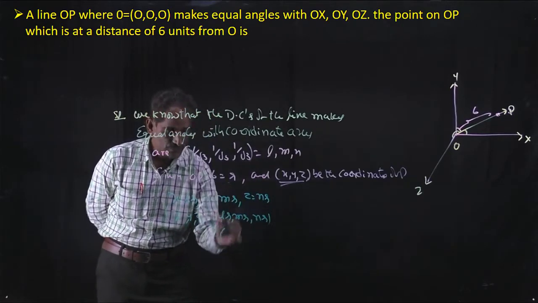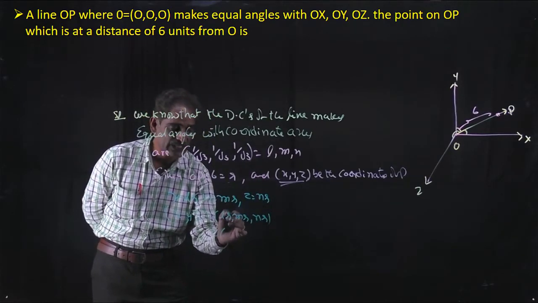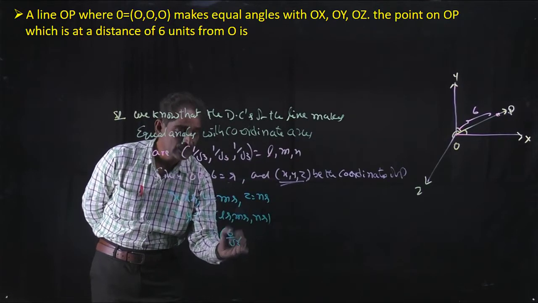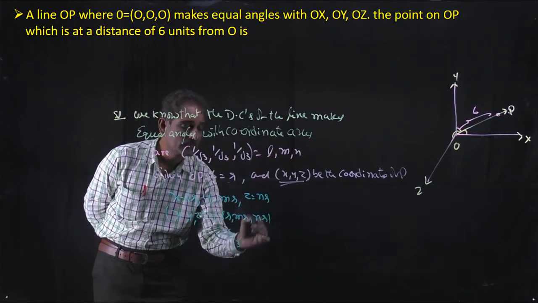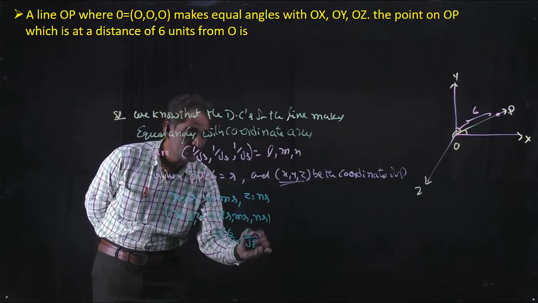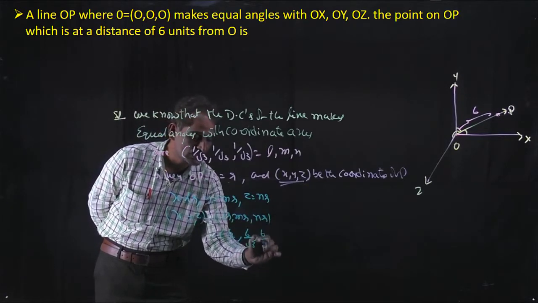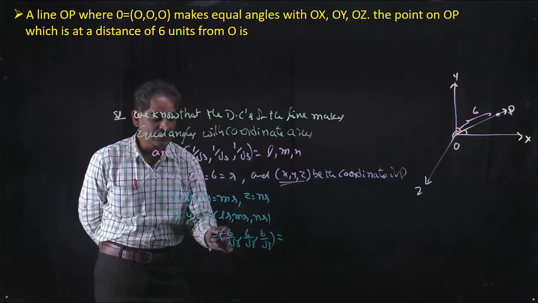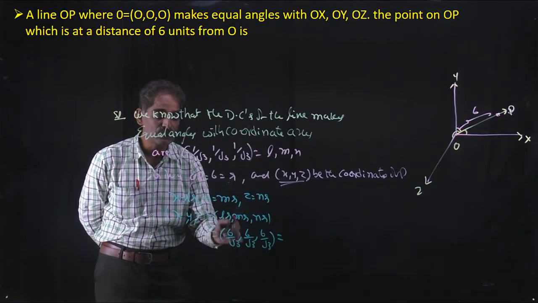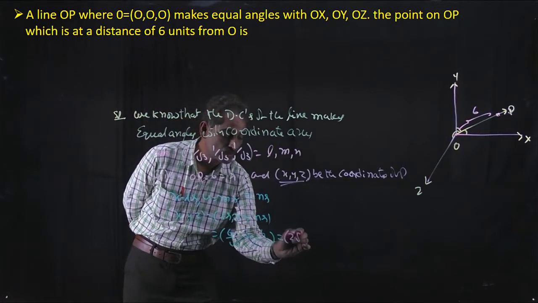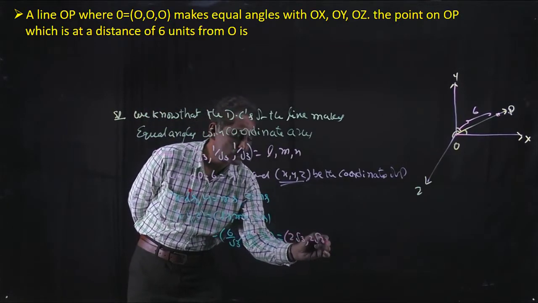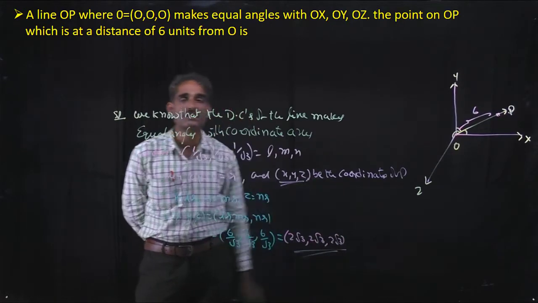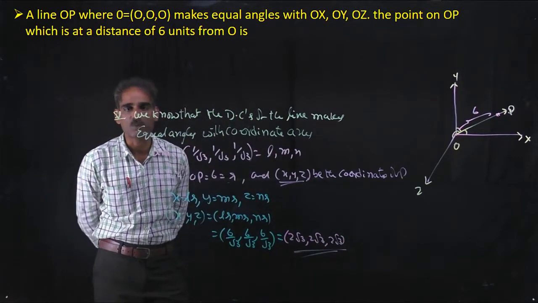So the coordinates are 6 by root 3, 6 by root 3, 6 by root 3. 6 by root 3 we can write as 2 into 3 by root 3, which is root 3, therefore 2 root 3, 2 root 3, 2 root 3. These are the coordinates of the point in this problem.